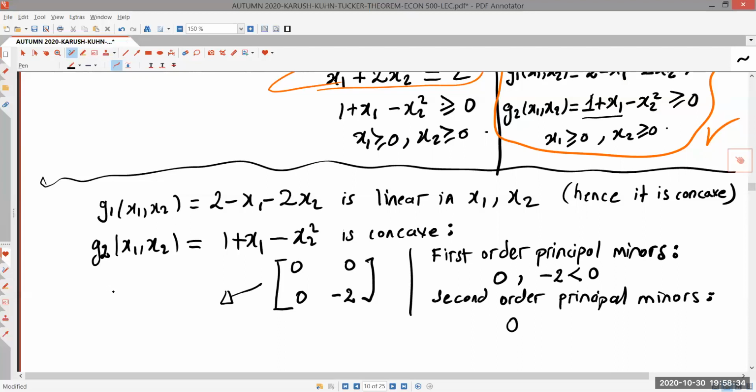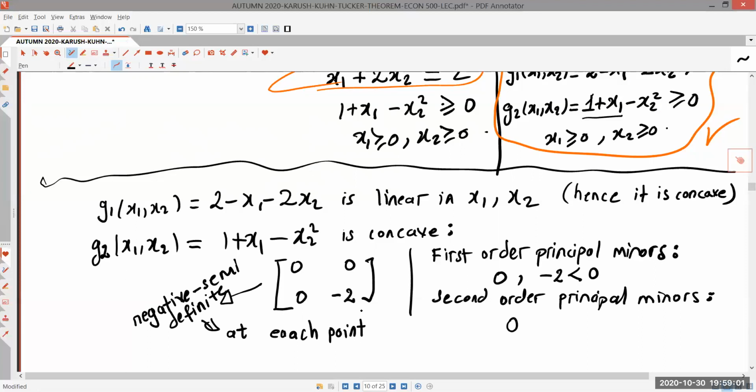And now, what can I say about this matrix? I suppose it is semi-definite. Yes, it is negative semi-definite. And this is negative semi-definite at each point.